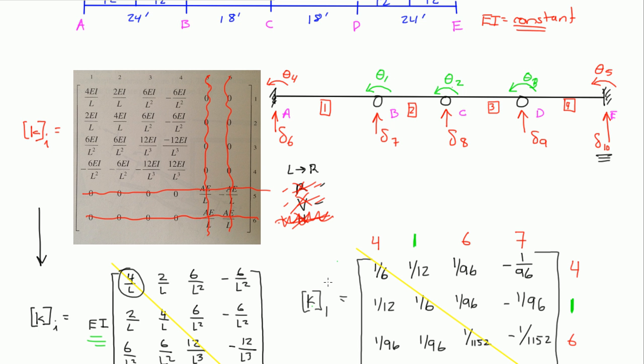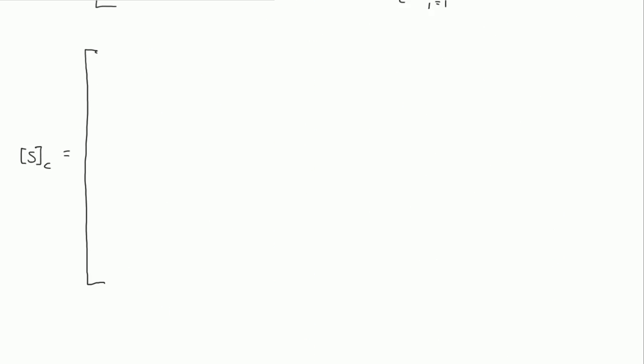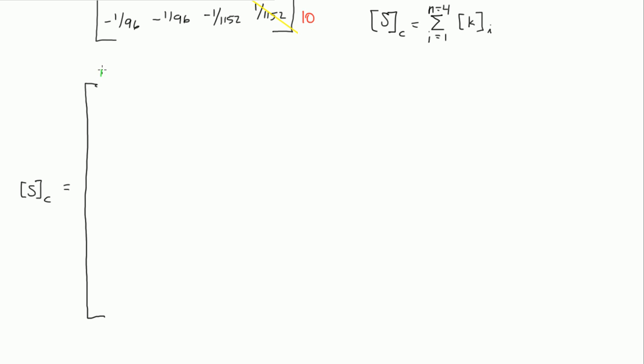So unlike the element stiffness matrix where we looked at each element and went left to right, rotations, then verticals, we start from degree of freedom number 1 and go all the way to degree of freedom number 10 in order. So we have 1, 2, 3 here, and that's our unrestrained, right?